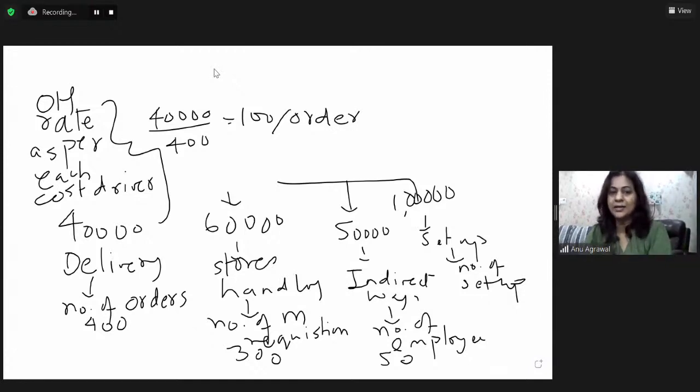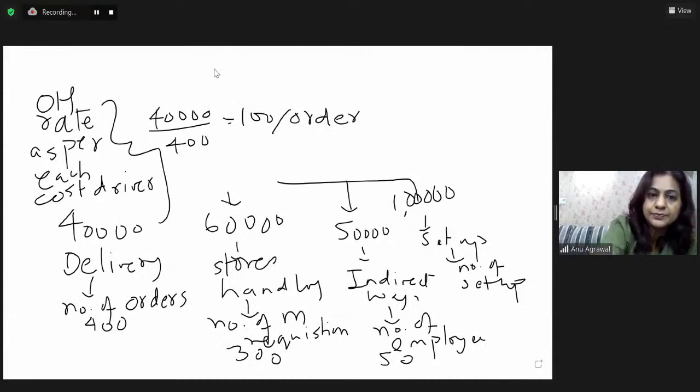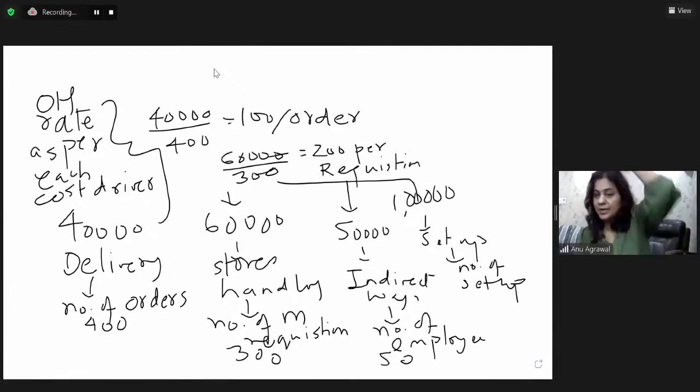Similarly, store handling will be 60,000 divided by 300. This is going to be 200 per requisition. Similarly, this will be 50,000 divided by 50,000 rupees per employee. This will be 1 lakh divided by number of setups.